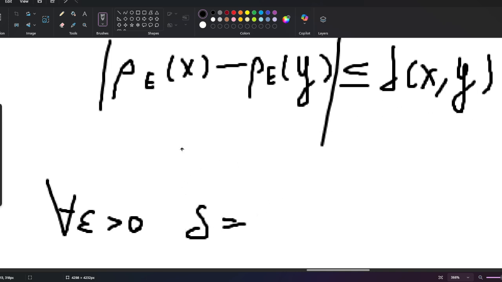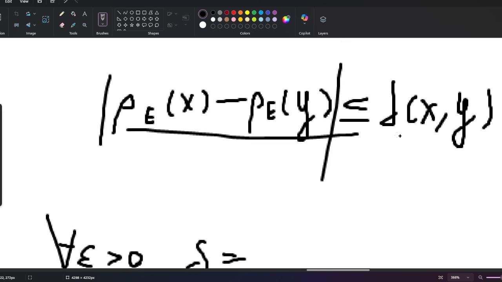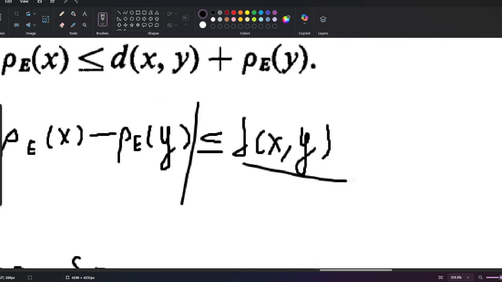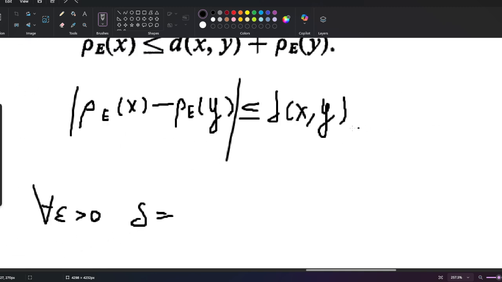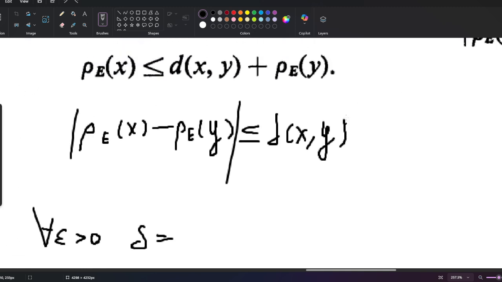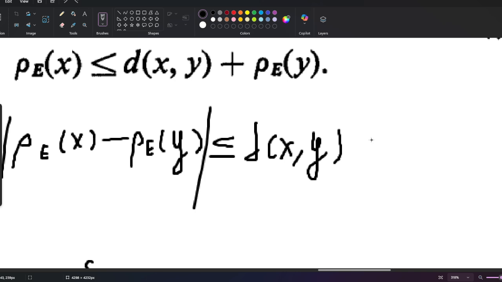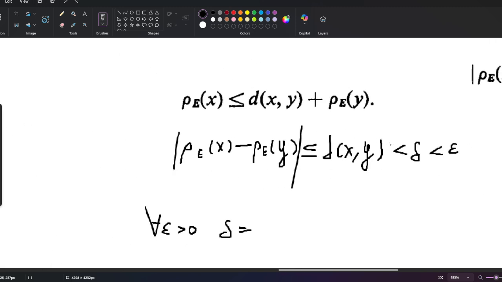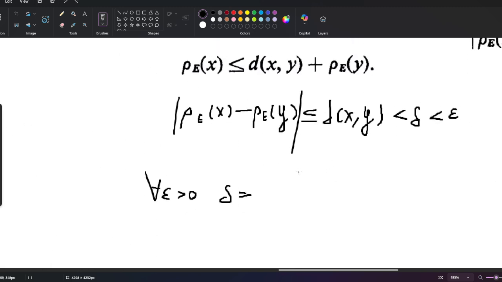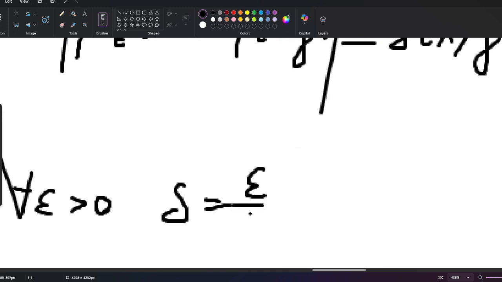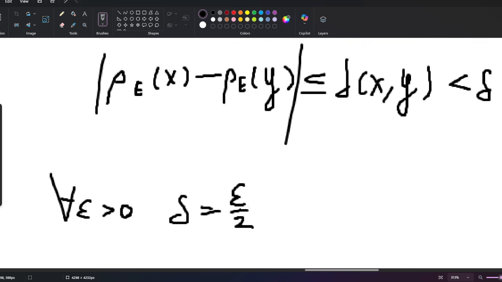This thing is going to be less than this thing, so if we make the distance xy less than delta less than epsilon, it's going to work. So we just need any delta less than epsilon. So let's pick delta as epsilon over 2.